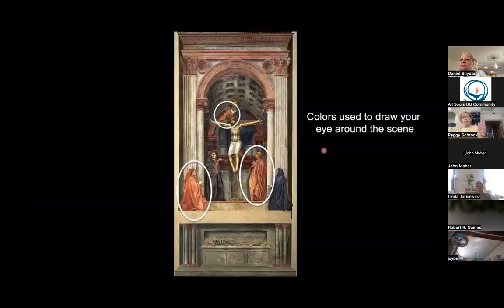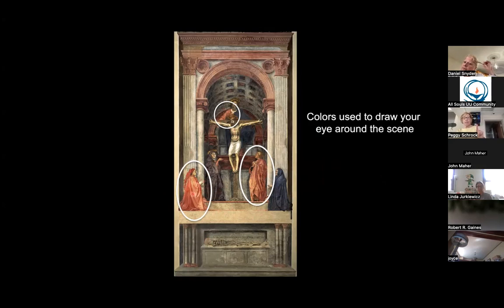In the last minute or so, he's done other things to draw your eye to this, through the picture, and one is color. For example, we have figures in red, and this is Mary and St. John, and these two out here on the niche are, of course, the donors, and then we have God and Jesus.